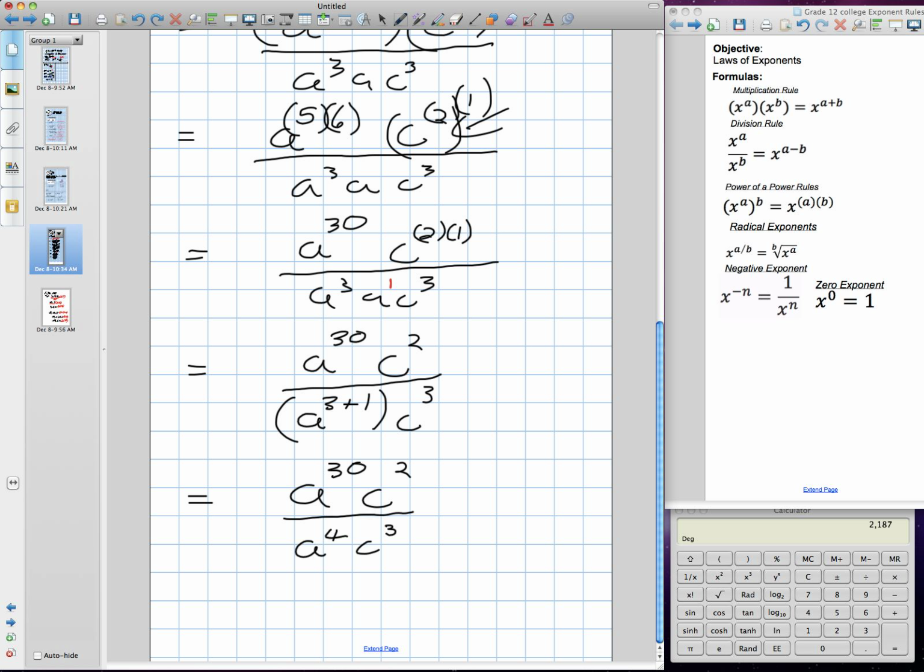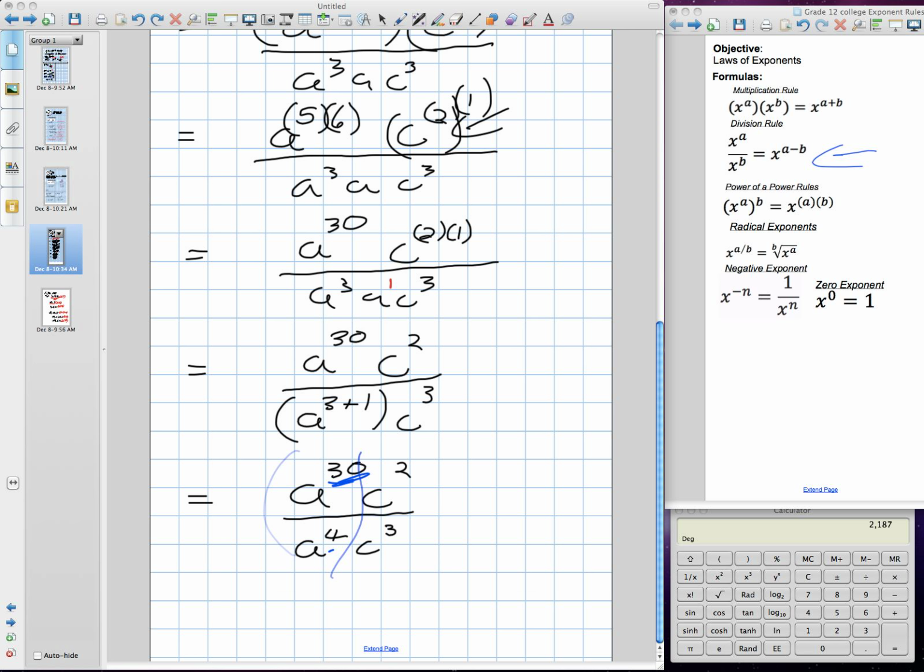Okay, now what I want you guys to do is we need to use our division rules. We technically have A to the power of 30 divided by A to the power of 4. Now I can only keep bases that are the same together. So we're only going to evaluate the A's with the A's and the C's with the C's. Like we said before, we're going to have an answer that has an A variable and a C variable. Because this is divided by, according to our division rule, we're going to subtract the bottom exponent from the top exponent.